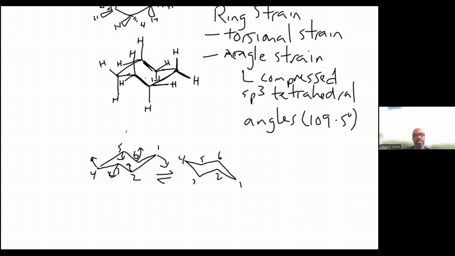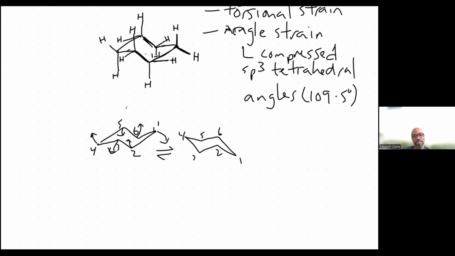So on ring flips, whatever is axial, let's say this is a metal, it's not going to be equatorial. Okay.